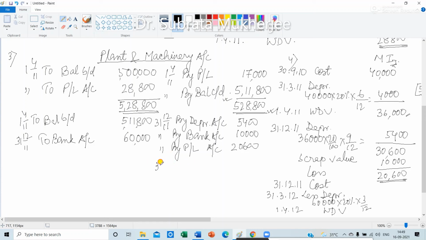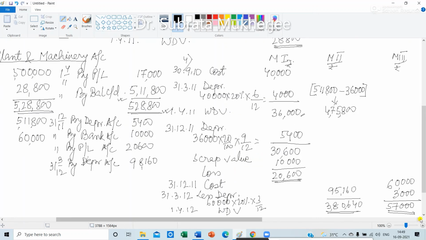Now, on 31st March 2012, by depreciation 98,160. That is the depreciation on M2, that is 95,160, plus 3,000, the depreciation on M3. And on 31st March 2012, by balance CD is 3,80,640 plus 57,000, which is 4,37,640.